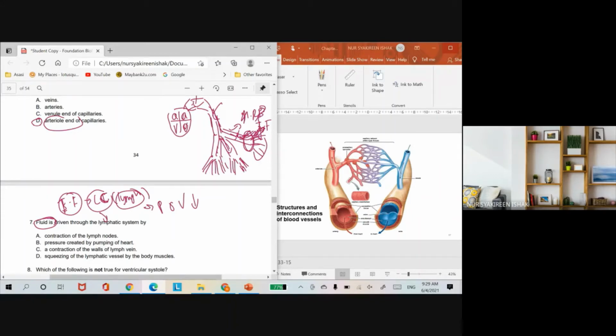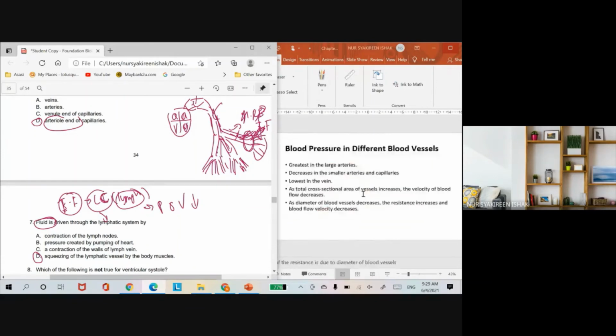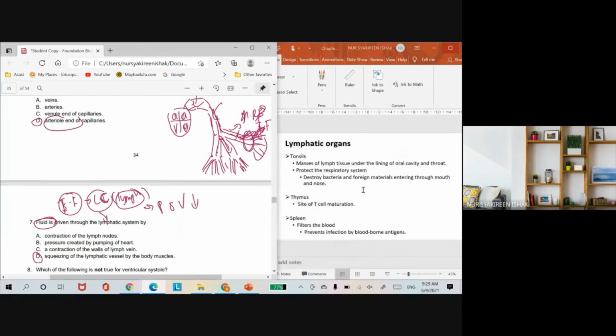So the answer will be D lah. Squeezing of the lymphatic vessels by the body muscles. So if you look at your notes here, there are 4 factors that will help the movement of the lymph.